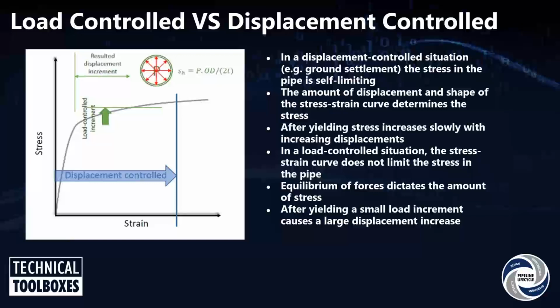After yielding, the remaining capacity beyond yield is not that much. So from yield to rupture, under load control condition, you don't have that much capacity, whereas under displacement control condition, there's a large capacity from yield to the final rupture or cracking of the material. So next slide, please.